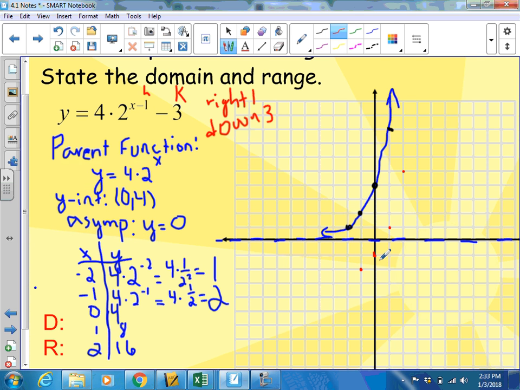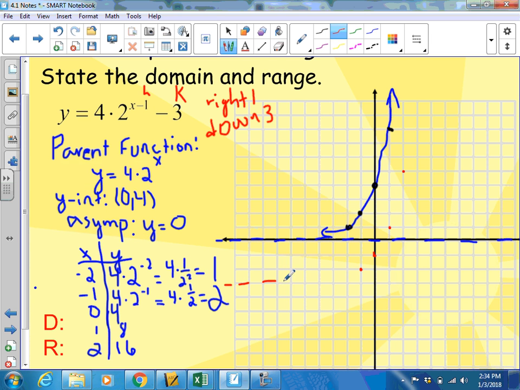Now, if you notice, if we just drew this, it would cross our blue asymptote. So, because of this, since we have a translation, a k value, so we move vertically down in this case, we actually have to move our asymptote as well. So since we moved each point down 3, we have to move our asymptote down 3 as well. So we started at y equals 0, and so we're going to go down 1, 2, 3.